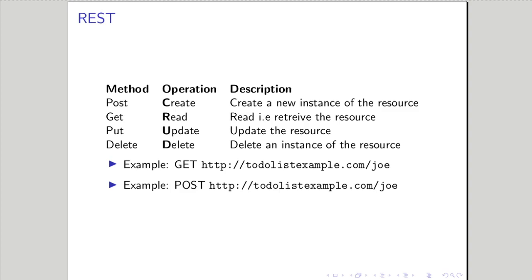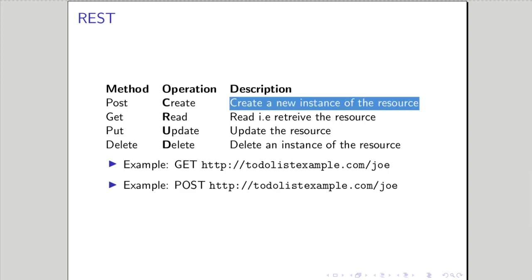So if we send a post request, that's a request to create something. We send some additional data as the body of the request, and we end up creating a new instance of that resource, like creating a new to-do list item. Oh, I have another thing to do. How are you going to do that? You make a post request.